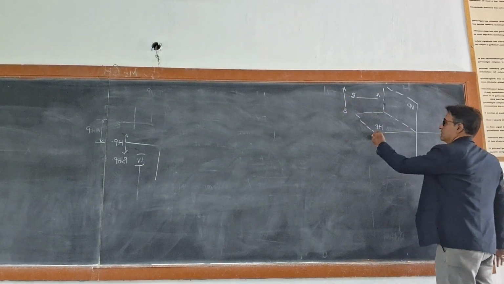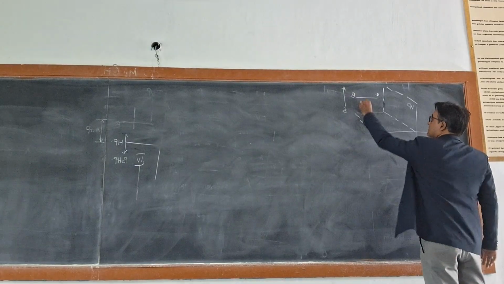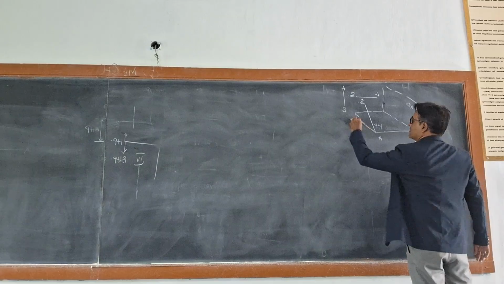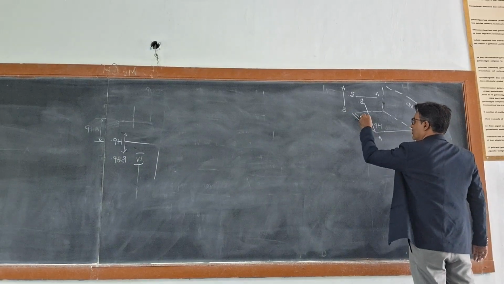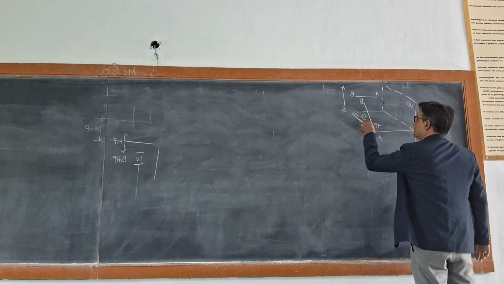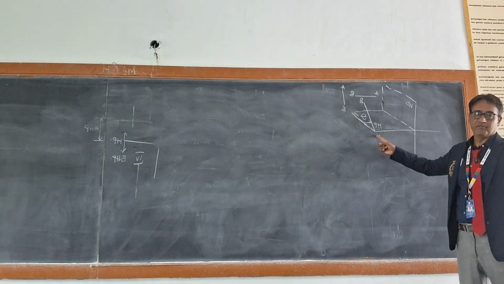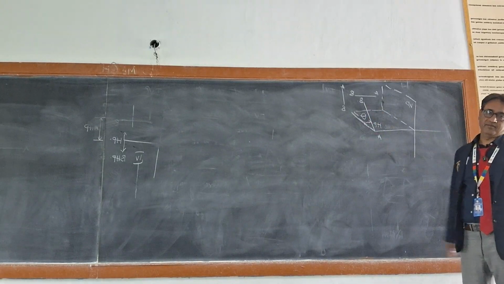Now, what about this? With respect to the horizontal plane, it is making an angle called theta. So, what is theta? It is the inclination of this line AB with respect to the horizontal plane.